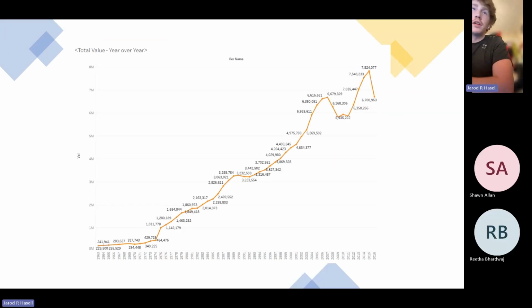In summary, I wanted to give a year-over-year evaluation of the houses across all 60 years. In the 1960s to 1970s, you can see there was a slow growth in the valuation of the total houses, starting from 229,000 all the way till 1974, which about doubles in price.